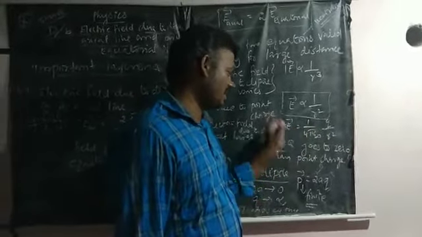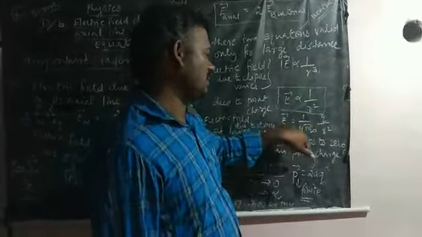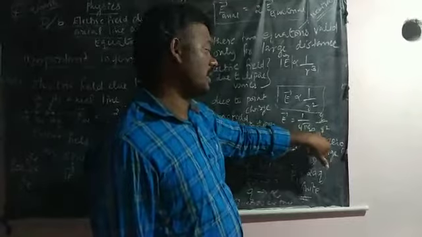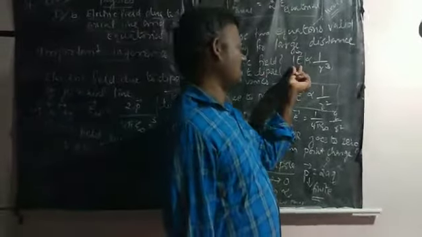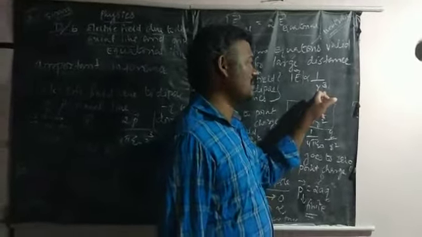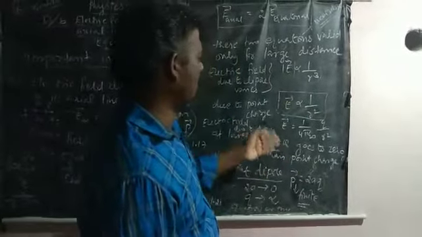If you measure it for an electric dipole, the electric field is inversely proportional to r cube. So the electric field value decreases with increasing distance and becomes 0 at a faster rate.